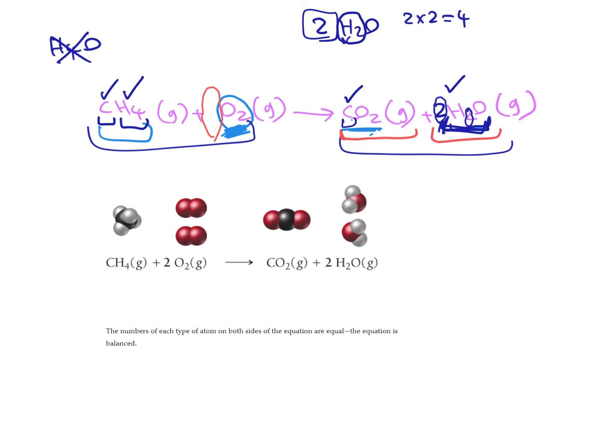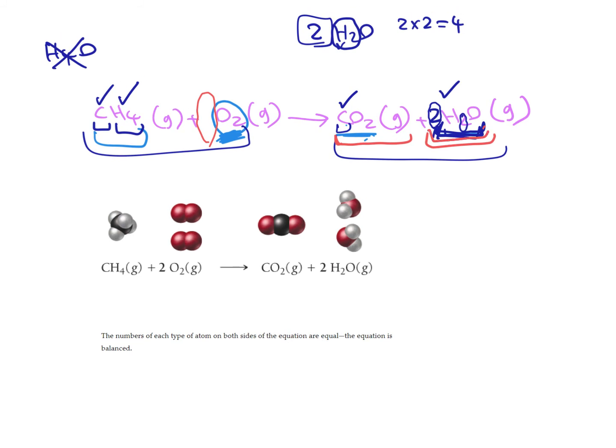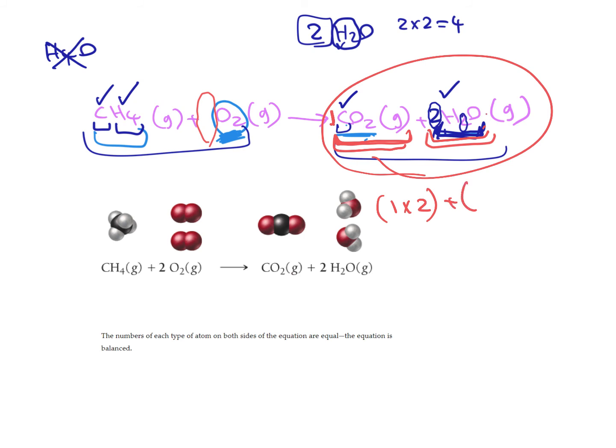So what is the total number of oxygen atoms in these products that we see here? Exactly, this coefficient when we don't write anything is 1. Remember, some students think that is 0. If it's 0, it means that it doesn't exist, okay? So 1 multiplied by 2, right, plus here this number is 1, right? 2 multiplied by 1 equals 4.